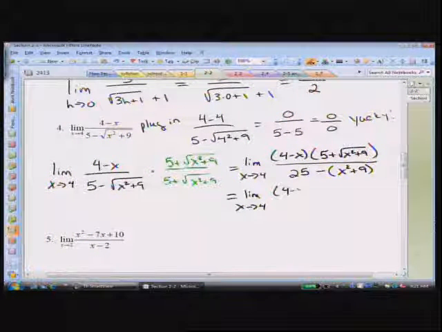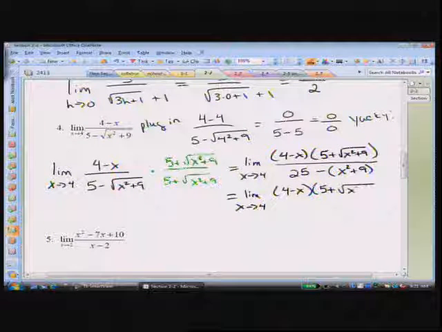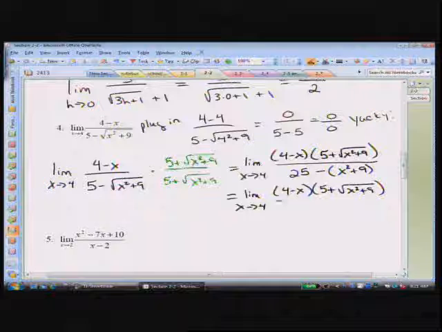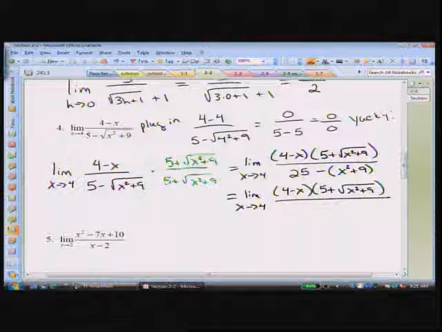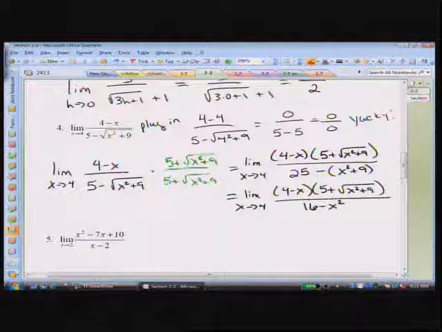I'll have 4 minus x, and then this is 5 plus the square root of x squared plus 9. And then I'll have 25 minus x squared minus 9. So does everybody agree that that's 16 minus x squared?